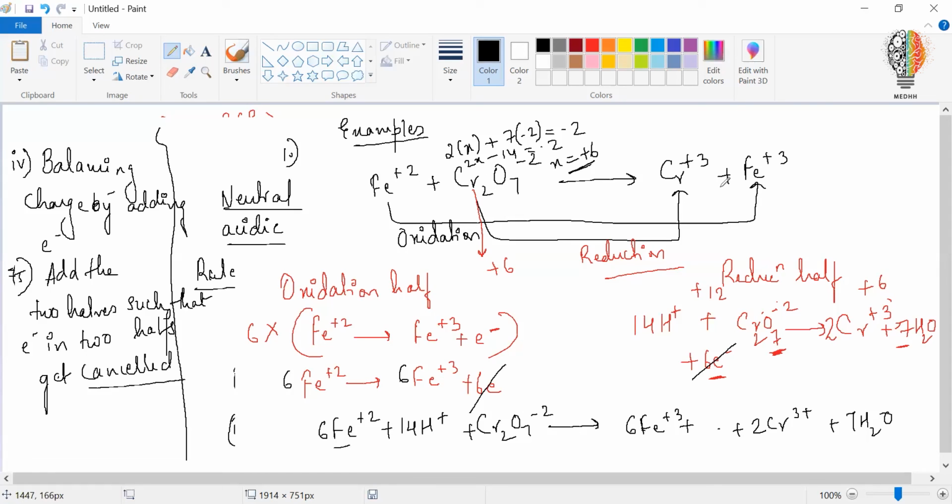The equation was in ionic state. By itself, you will come to know that it will be in an ionic form, right? Then see which one is going under oxidation and reduction. Write them in 2 halves. First balance out the number of atoms except your oxygen and hydrogen. Then balance the oxygen by adding that many number of H2O molecules on the side which is deficient.